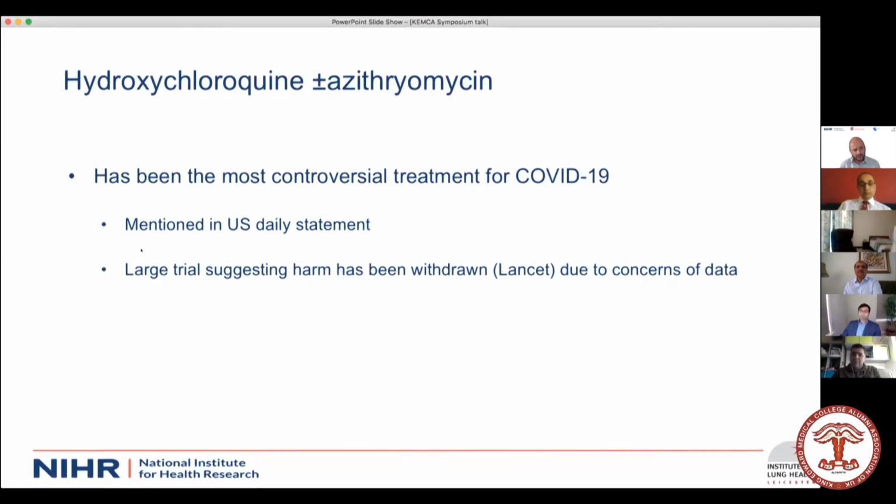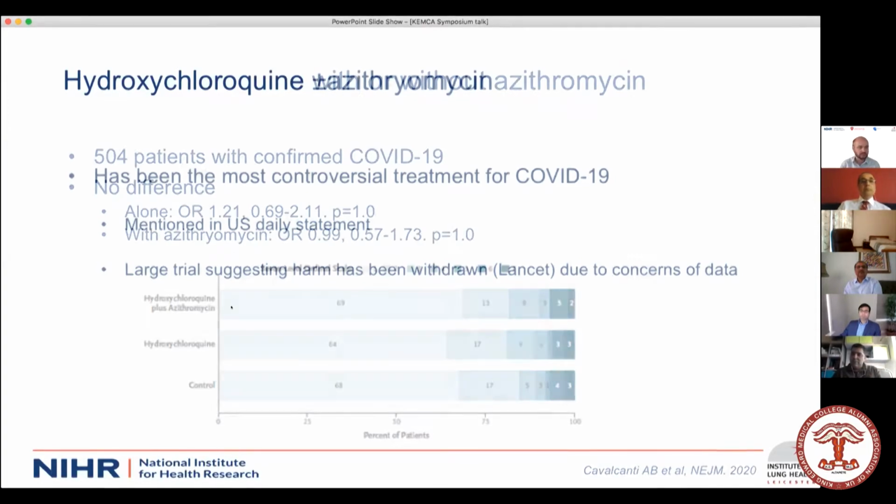There was also a large trial published initially suggesting harm with hydroxychloroquine. I'm not going to cover this because the trial has now been withdrawn due to concerns about data integrity, that the data had been bought. So I'm going to completely ignore this trial because I don't think we can trust it.